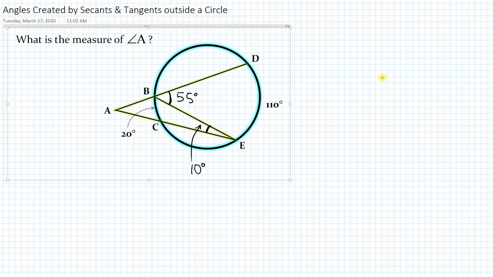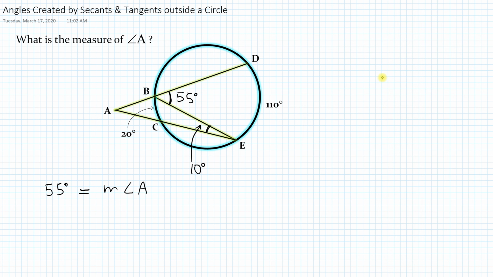So what we can say here is that 55 degrees is equal to the measure of angle A plus the measure of angle BEA, okay?